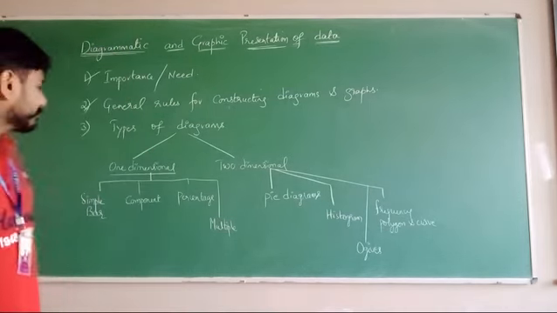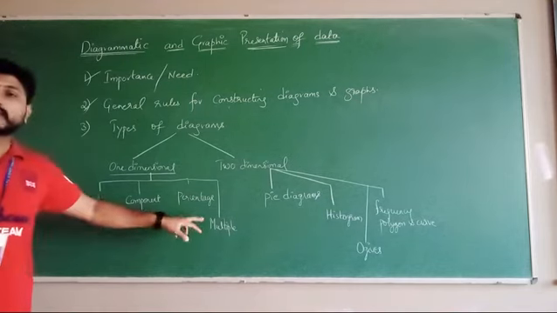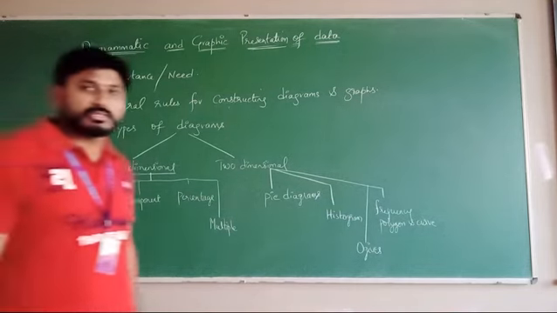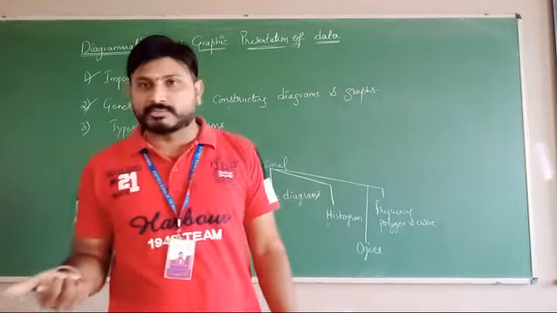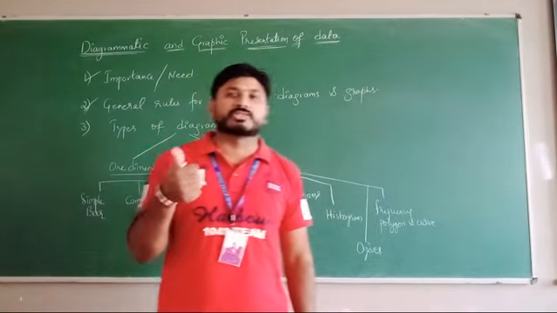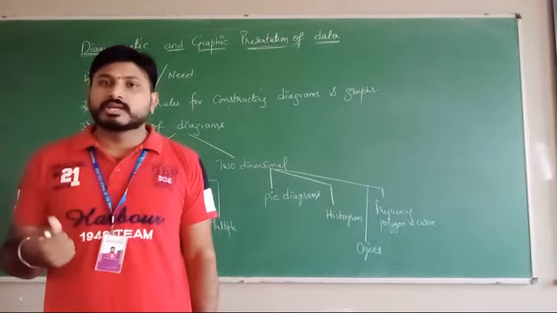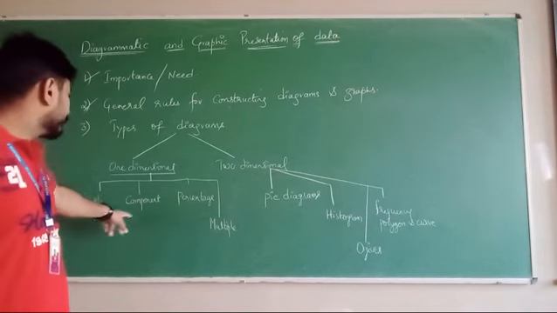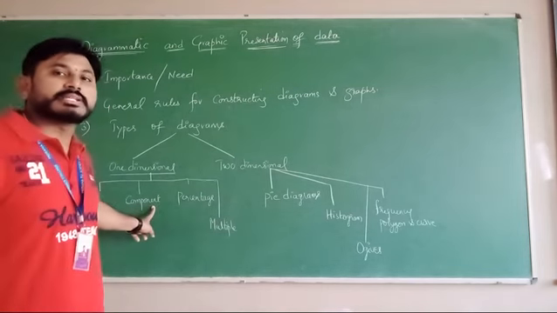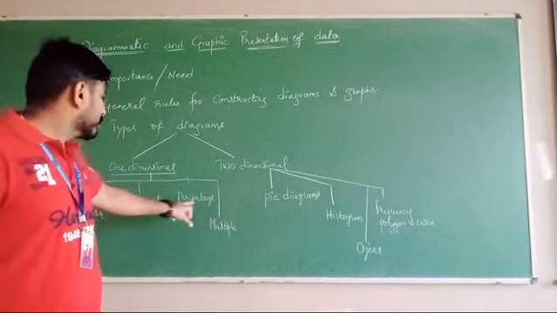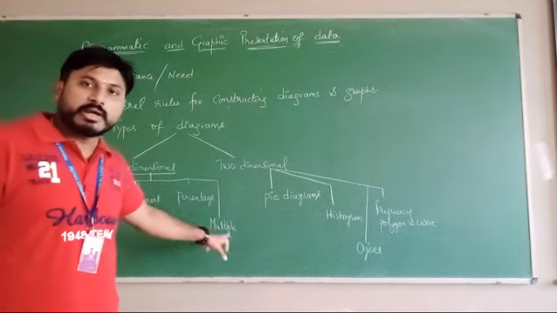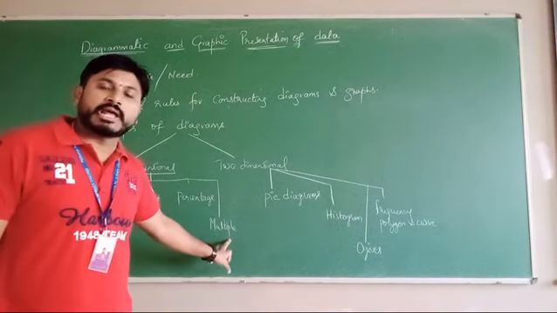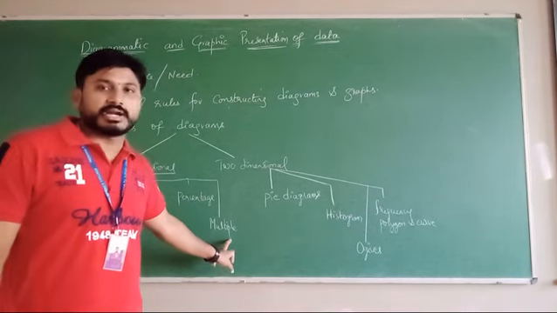So there are 4 different types of one-dimensional diagrams. They are bar diagrams; one-dimensional diagrams are especially called bar diagrams. Those bar diagrams are of 4 types. One is simple bar diagram, component, nothing but subdivided bar diagram, percentage bar diagram, and multiple bar diagram. Multiple, another name is compound bar diagram.